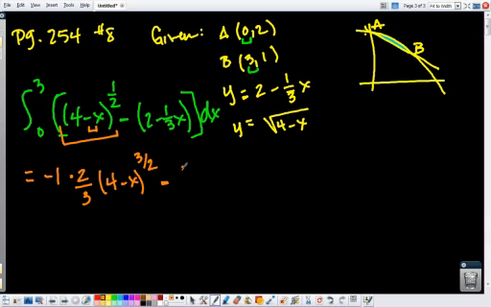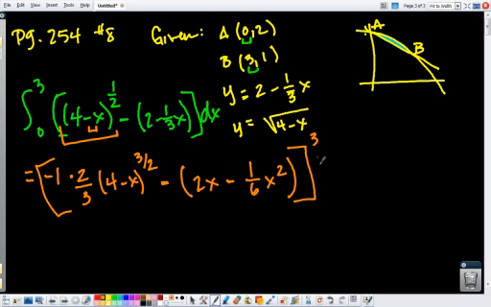So minus, in parentheses, the integral of 2 is 2x. The integral of -1/3 x is -1/6 x squared, right? Because I'm dividing by 2 or multiplying by half, so -1/3 times half is -1/6. So that's how I got that value. And I am integrating from 0 to 3.